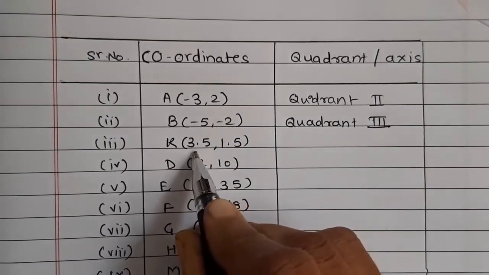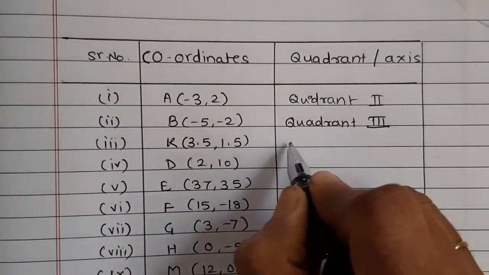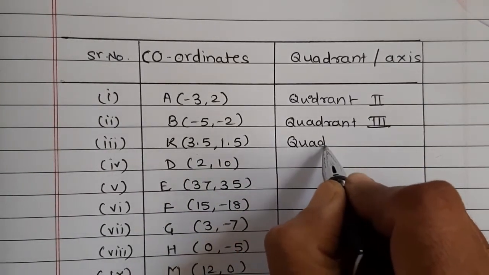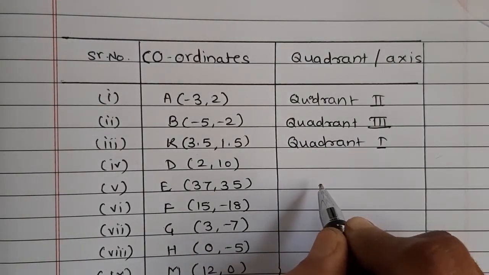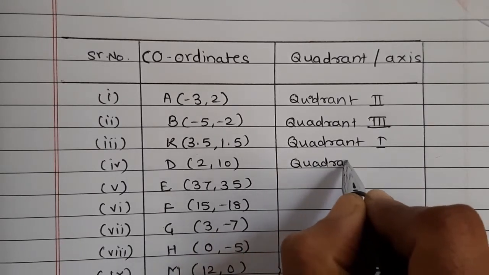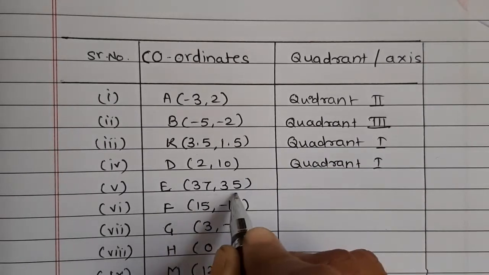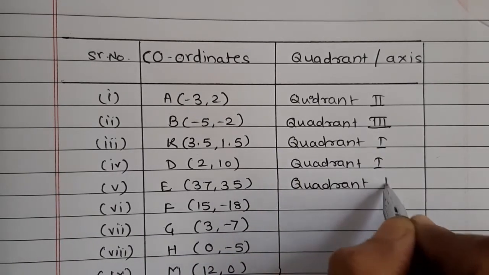Then C (3.5, 1.5): both are positive, so it lies in the first quadrant. Then next D (2, 10) again lies in the first quadrant. Then (37, 35) again lies in the first quadrant because both coordinates are positive.